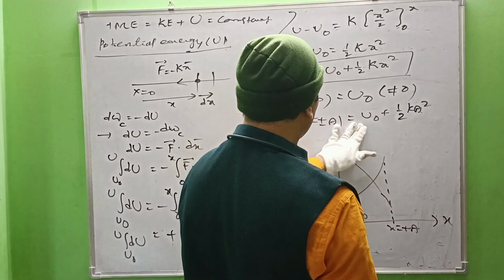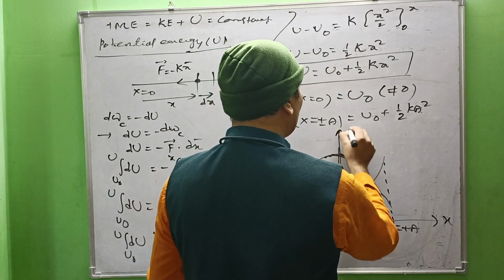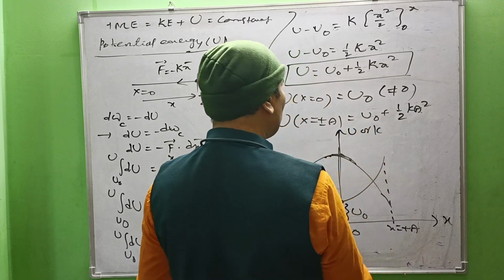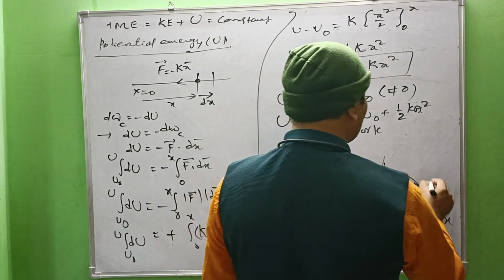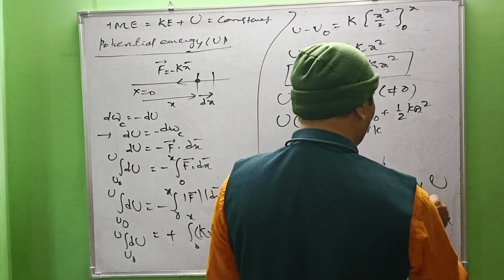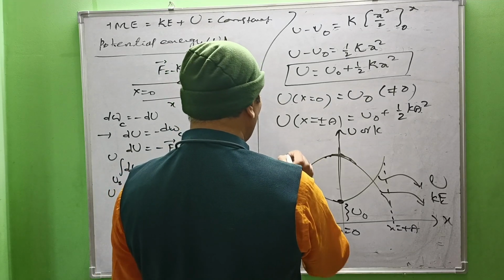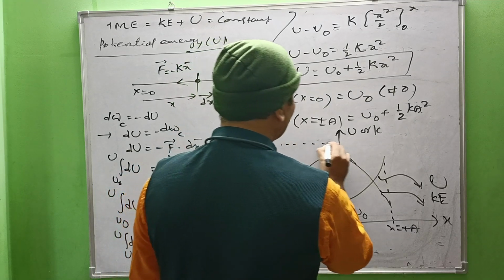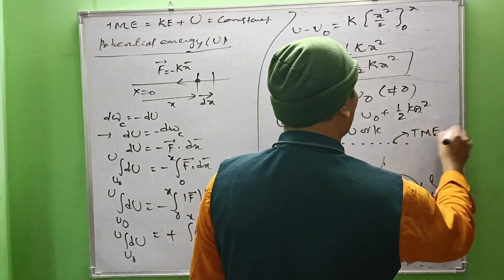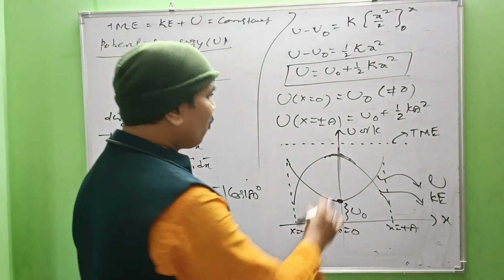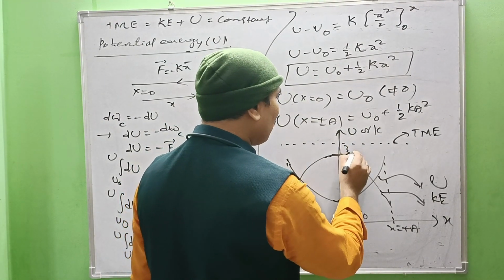Now you can take either U or K. This is the variation of potential energy, this is the variation of kinetic energy, and this is the total mechanical energy. Here it is u0, here also u0.